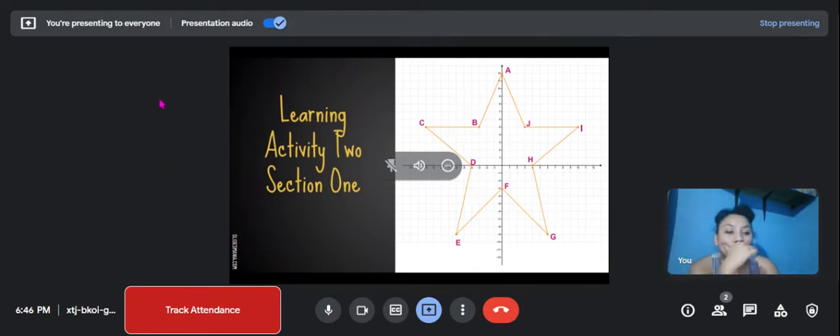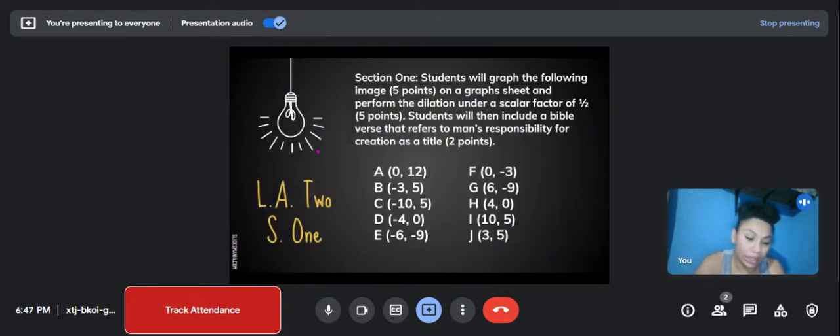Now, what is important though is that you would have to use the points that are here, and you need to apply the scalar factor to each of these points. So now this is what I did ask you guys to do, but I'm not that sure if you guys understood what was happening in this case. So let me show you guys that.